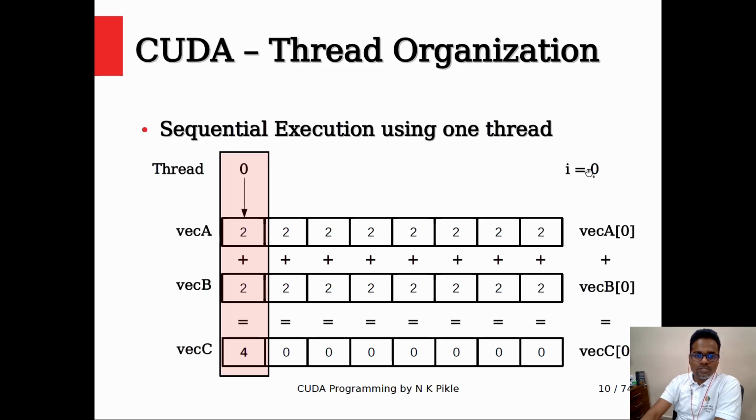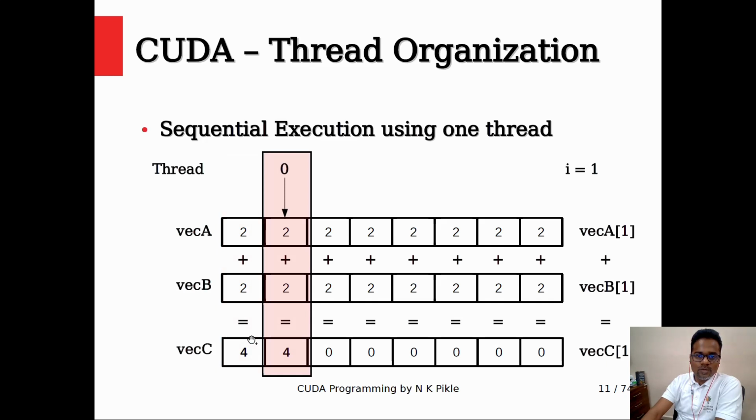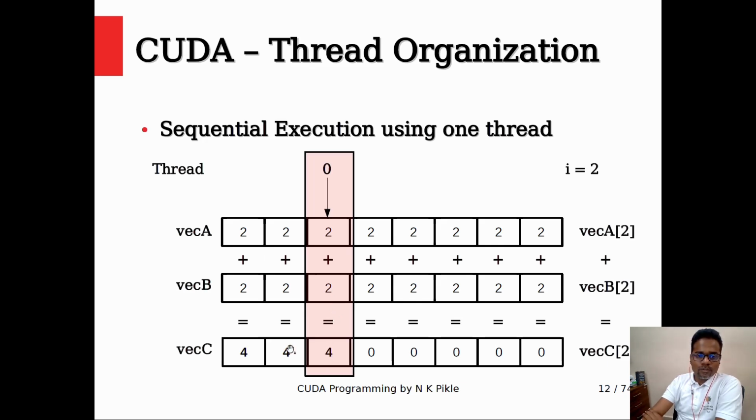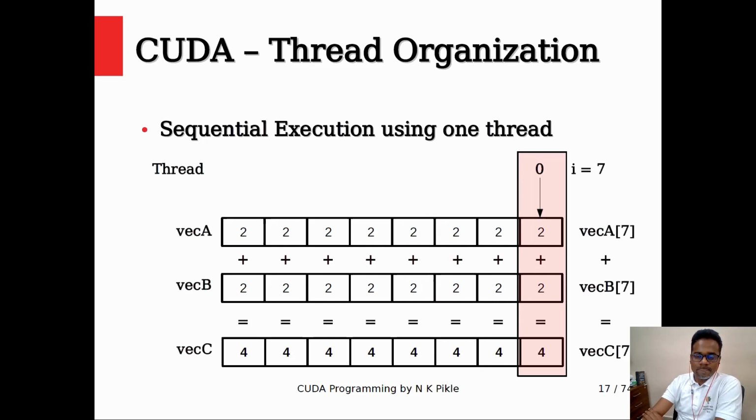When i equals 0, it will perform addition of the 0th element of A and B, and the result will be stored at the 0th element location in vector C. Once this operation is over, it will go to the next iteration, that is i equals 1, and it will perform the addition of the first element of A and B, and it will be stored into the first location in C. This will follow till the end of the loop. This is called sequential execution, because here we are not spawning multiple threads.